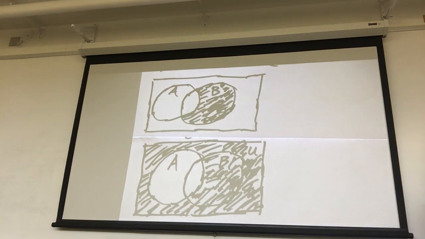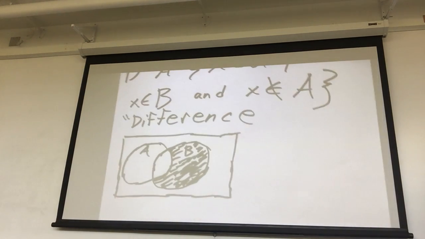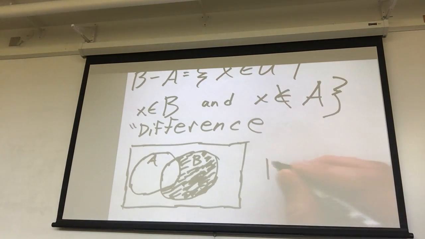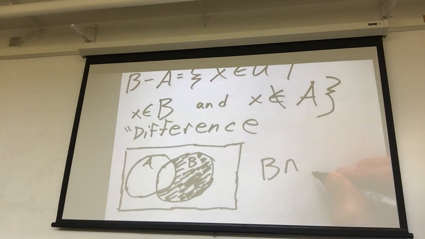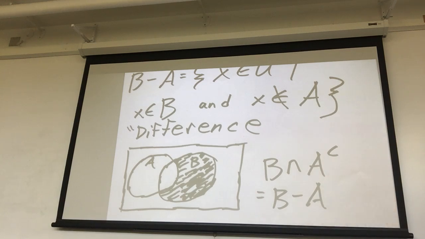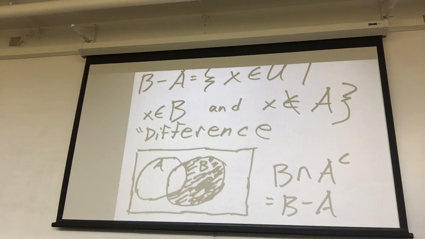Well, B minus A would actually be B's intersection with A sub C, and we'll write that B minus A. Okay.